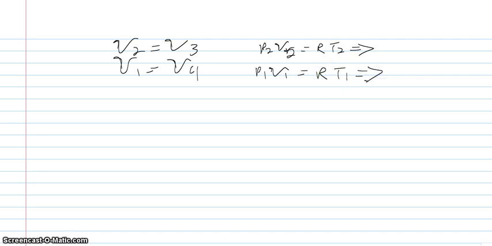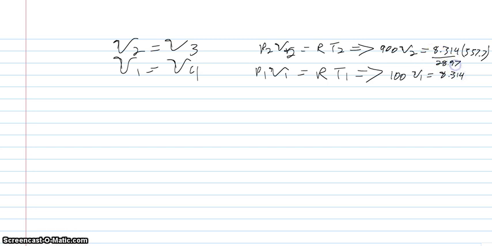And we find that 900 times V2 equals 8.314 times 557.7. And here we have 100 kilopascals times V1 equals 8.314. Oops, forgot the molar mass.